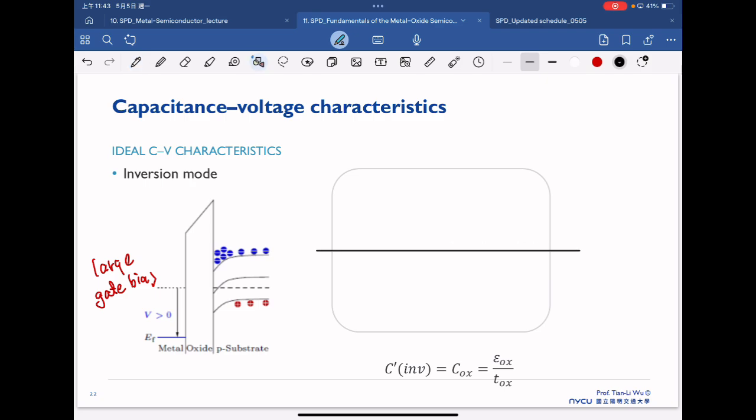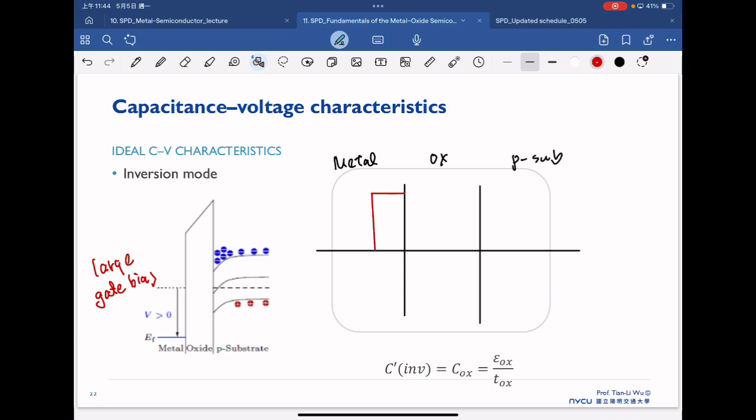Again, we use this charge distribution in the metal, oxide, and P substrate. So now we apply the large positive gate bias, the same.